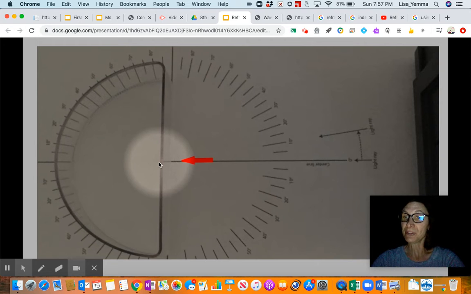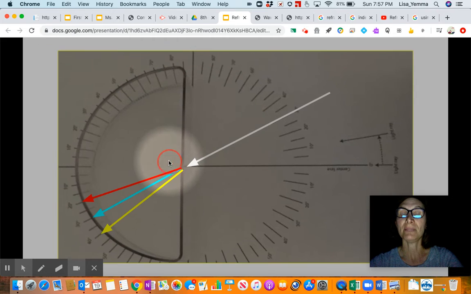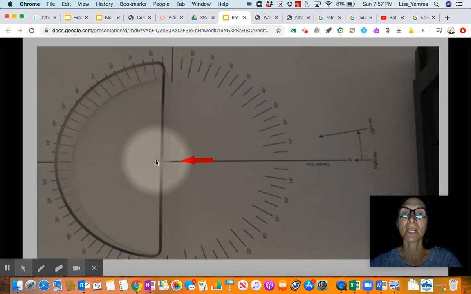Your first job is to predict what is going to happen to the light when it hits this plastic surface, and then where's it going to go? Open-ended. All your answers are correct at this point. What are you thinking?